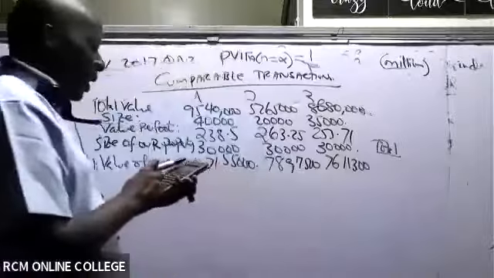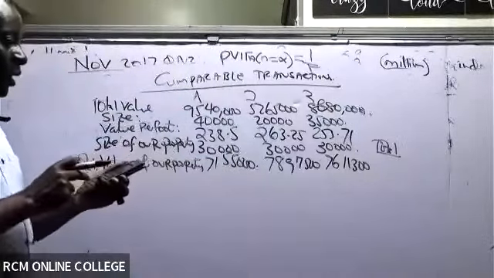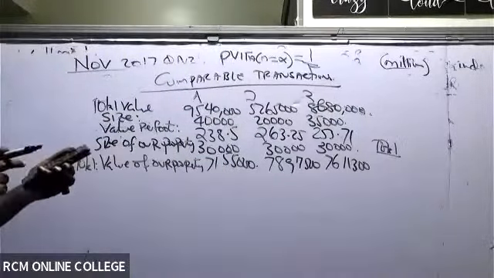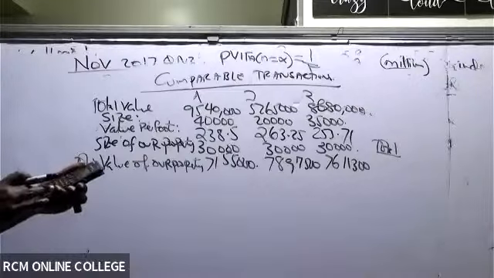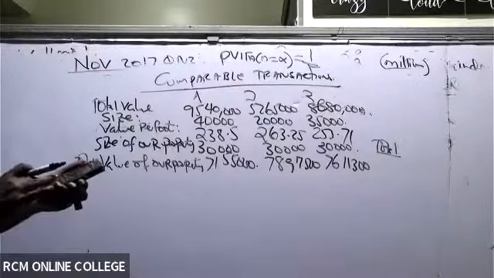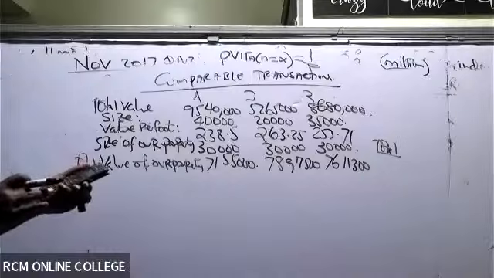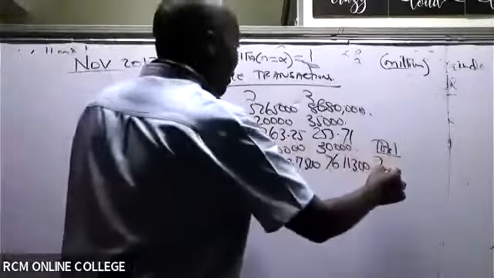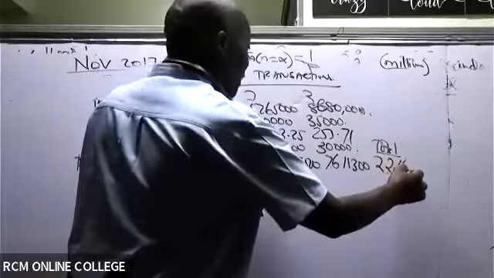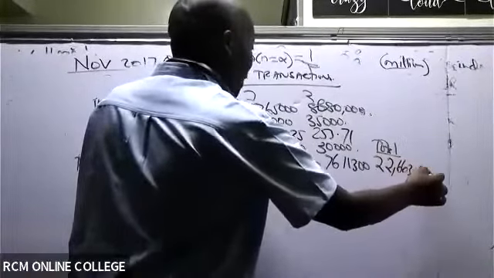Giving us what total? The total here will be 7,897,500 plus 7,155,000 plus 7,611,300 equals, so this gives us quite a high figure, 22,663,800.